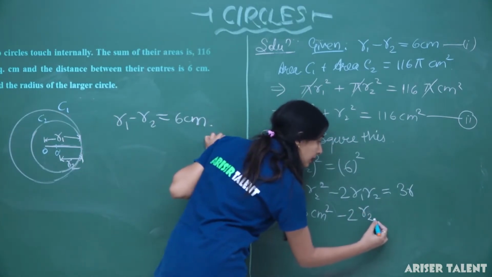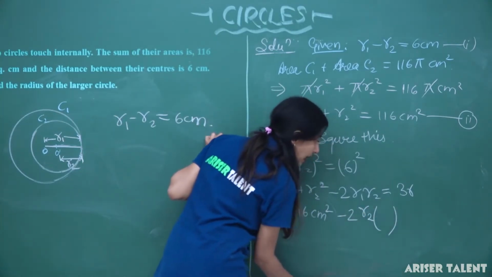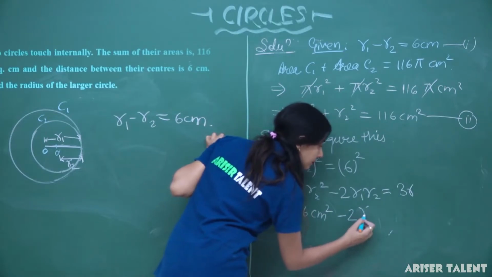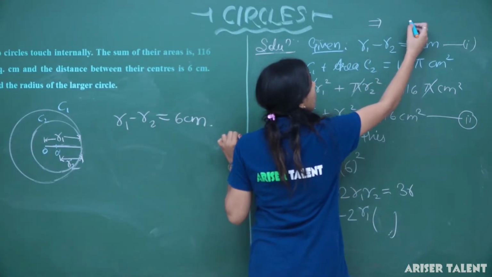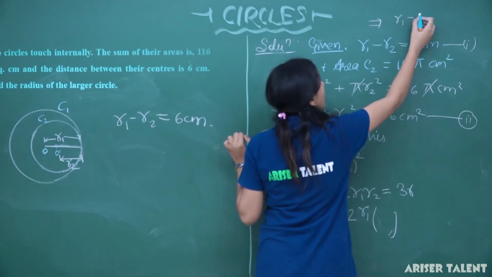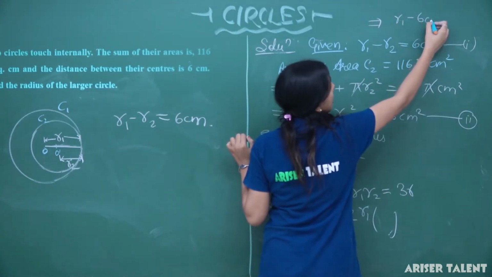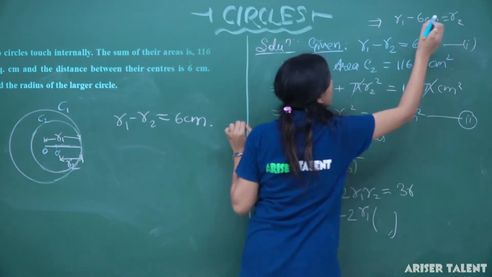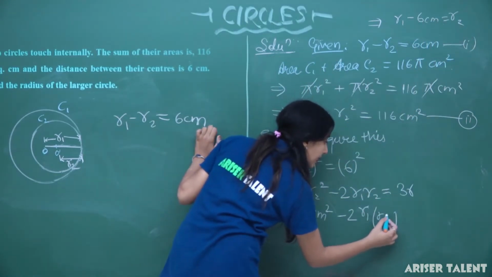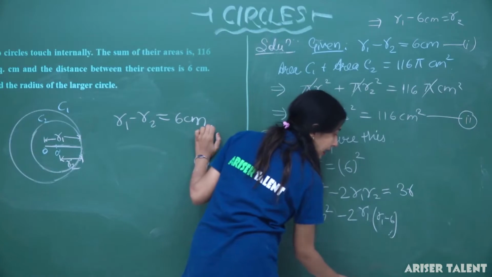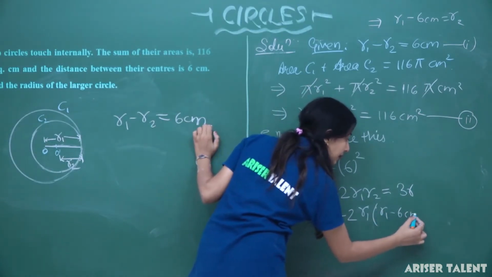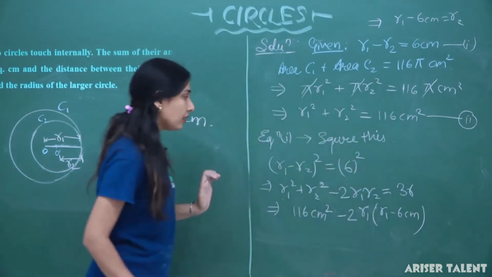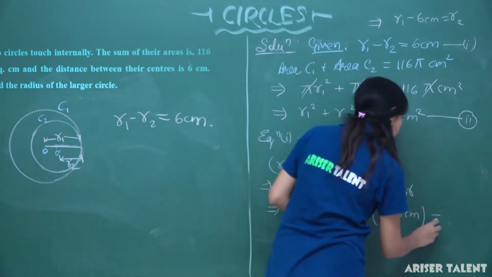So r1 multiplied by the value of r2. From here, the value of r2 is r1 minus 6 centimeter equals r2, right? So I will write r1 minus 6 centimeter.